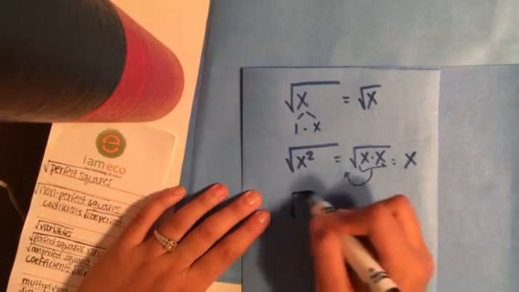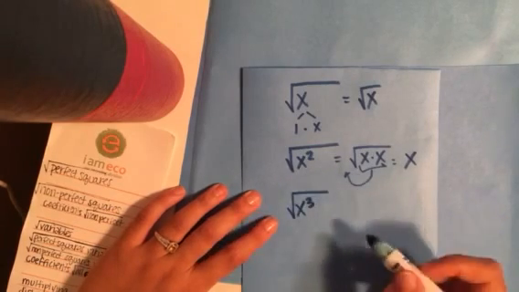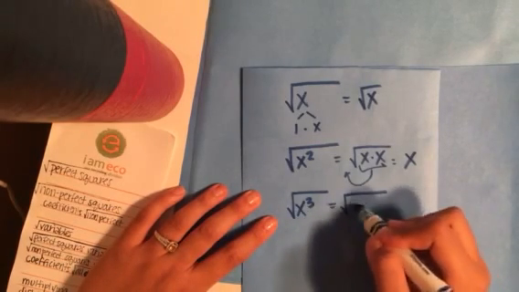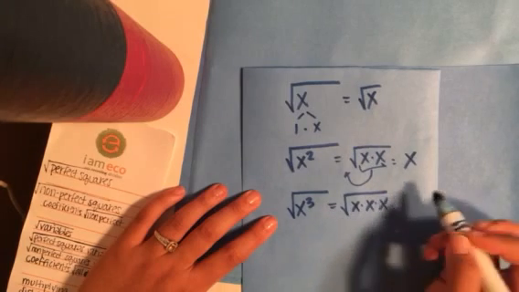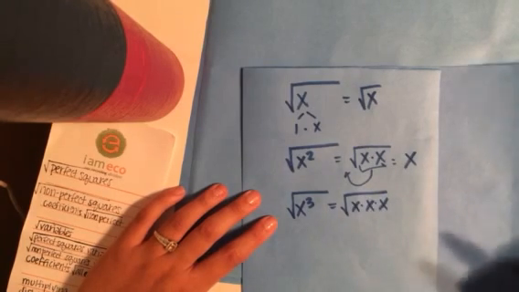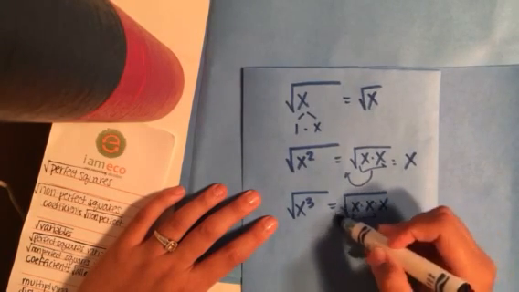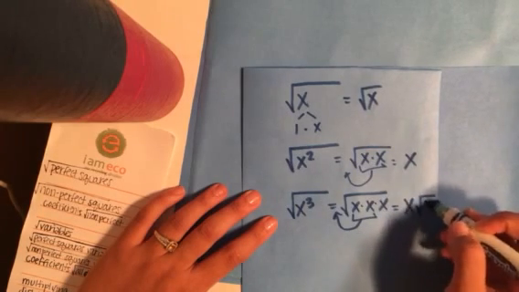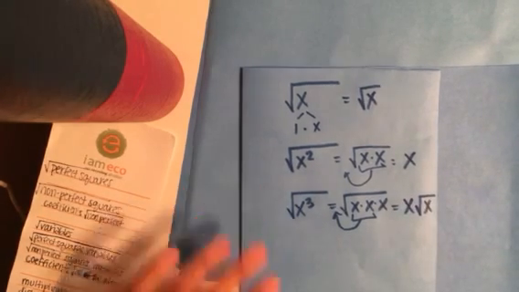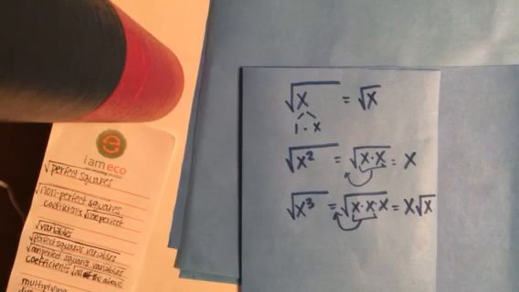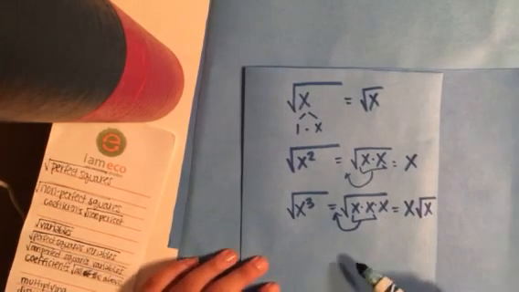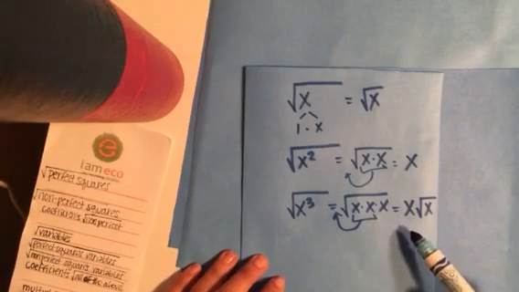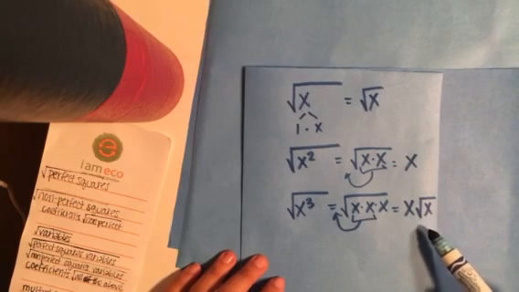If we were looking at x cubed, that's the same thing as x times x times x. We only see one pair that we can pull out of the radical. So then we're left with x times root x. I know that it may seem a jump to go from x cubed to x times the square root of x.